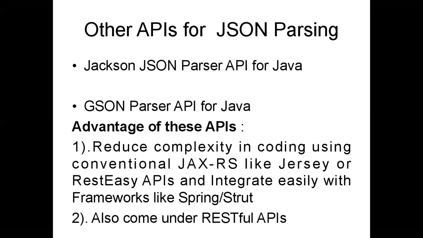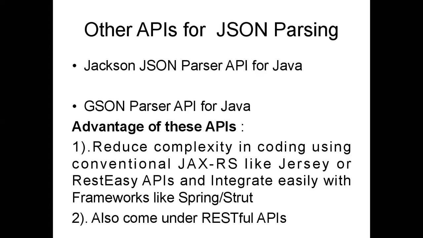So the advantages of these new APIs is they reduce complexity in coding compared to conventional JAX or Jersey or REST APIs, and integrate easily with frameworks like Spring or Struts. Because in the industry mainly, a plain old Java program, or JSP, Java Server Page, or a servlet is not used.